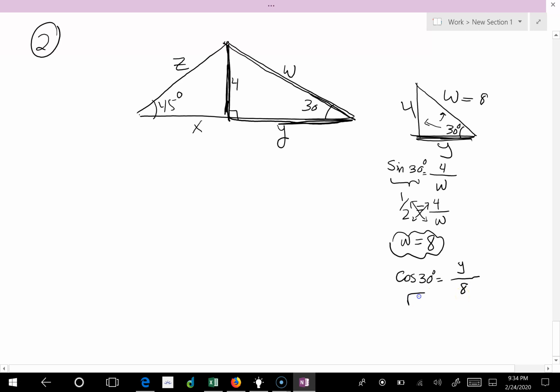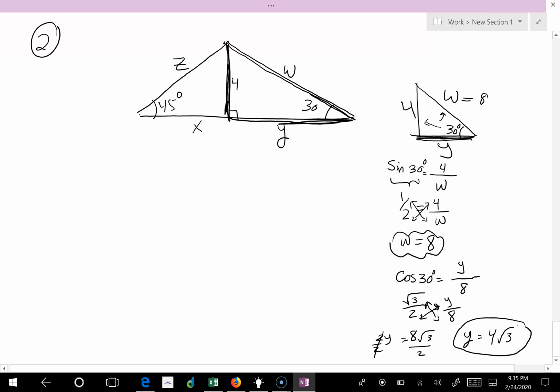So cosine 30 is root 3 over 2 is Y over 8. And then again you cross multiply. You have 8 root 3 is equal to 2Y. You divide both sides by 2. So Y is equal to 4 root 3.